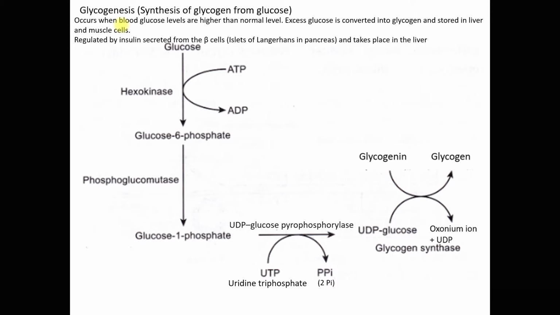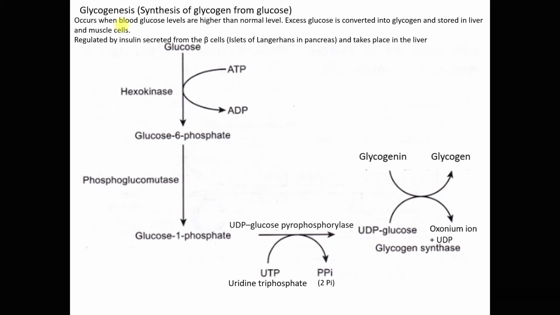So usually glycogenesis occurs when blood glucose levels are higher than the normal level. So we have excess glucose in the blood. This excess glucose will be converted into glycogen and stored in the liver and the muscle cells.